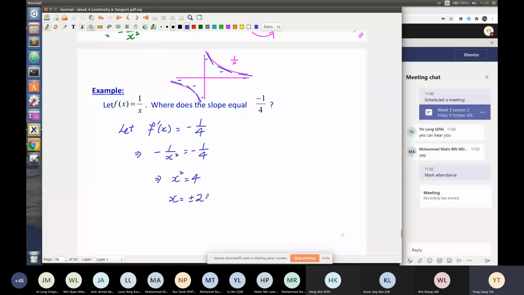Okay, so you might observe that at plus minus 2, you have 2 points of exactly the same slope. Because this function is an odd function, you get 2 points, one on the negative side, the other on the positive side, where you have exactly the same negative gradient.